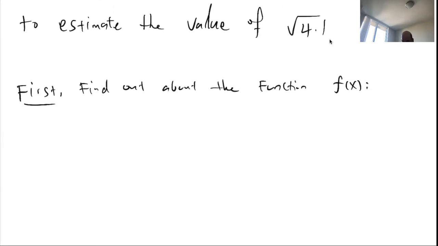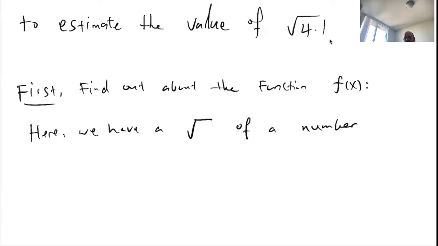So how can we find the function? Here we have a square root of a number, so we just need to look at the form of the number that we have. If you have sine of a number, then f of x can be considered as sine x. If it's cos of a number, then f of x can be cos x.